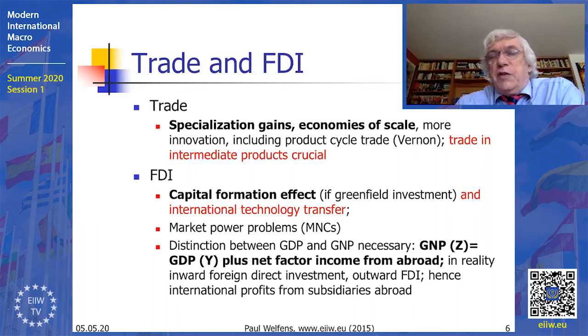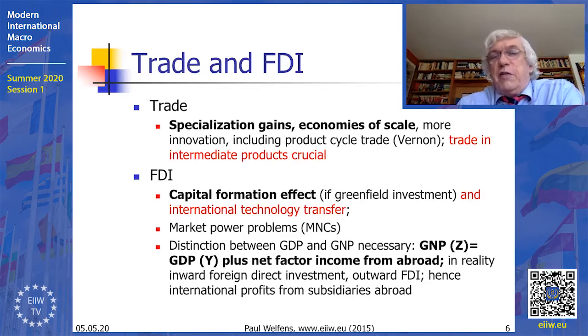So the real GNP, which is denoted here by Z, is simply the GDP, denoted by capital Y, plus net factor income from abroad. So if we want to simplify the model and disregard portfolio capital inflows and outflows for a second, then we would simply say this is all about profits from subsidiaries abroad. And then country one will get profit income.